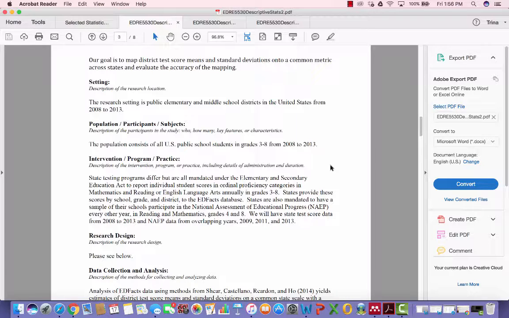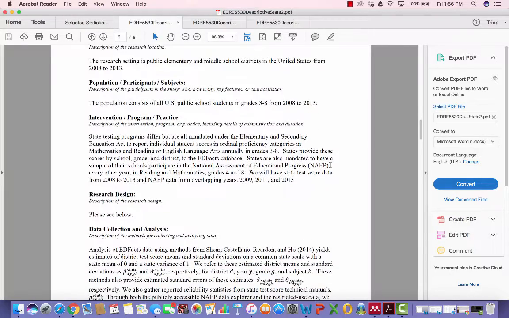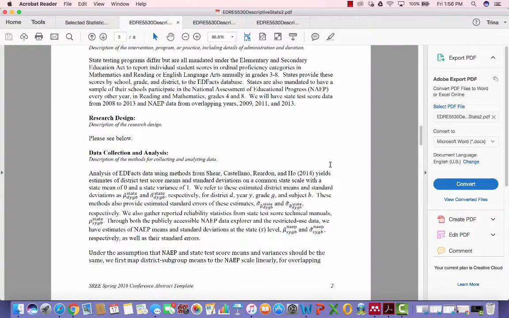And from what they state here, it looks like they sampled the entire population of all kids in, as they say, U.S. public schools. The researchers used standard test score means and standard deviations, and that's right here. So they moved them to a common scale, and then they gathered reliability statistics. And reliability, of course, as you've learned, is a measure of consistency.